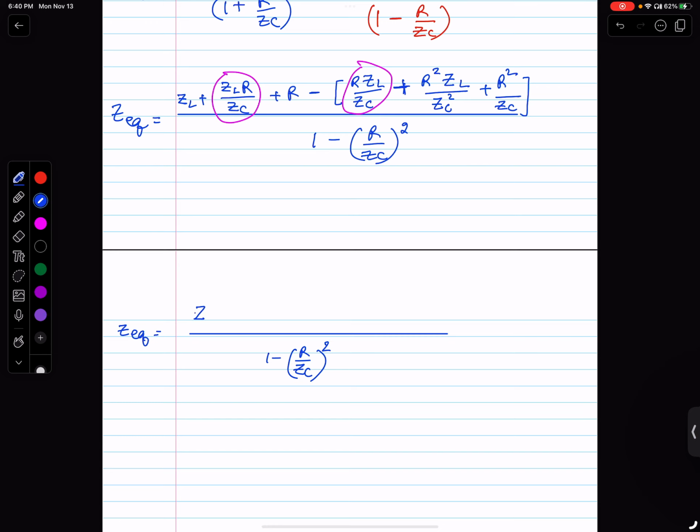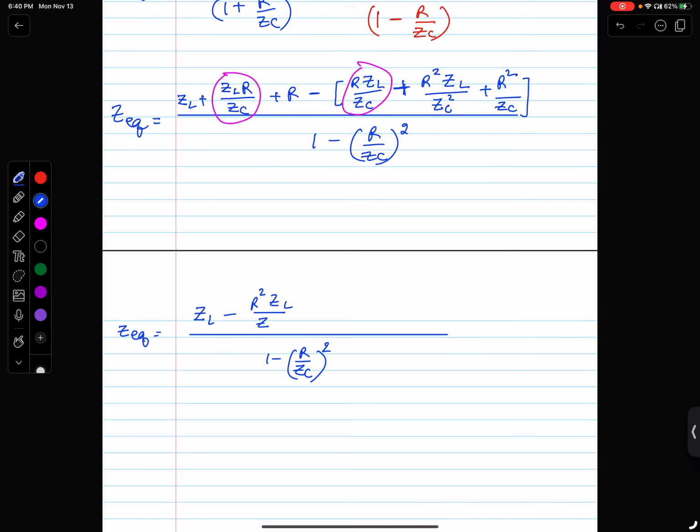So ZL minus R squared ZL by ZC squared, so that's this term, plus or negative R squared by ZC, plus R. Okay, so we have this guy.